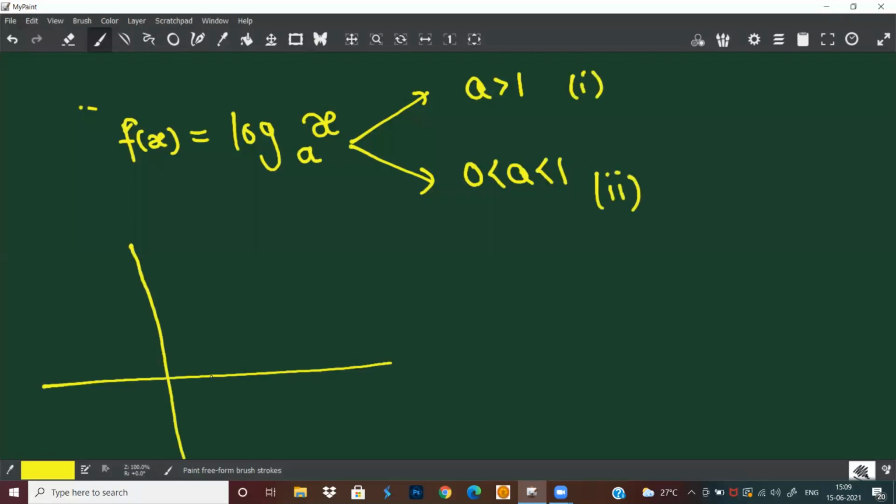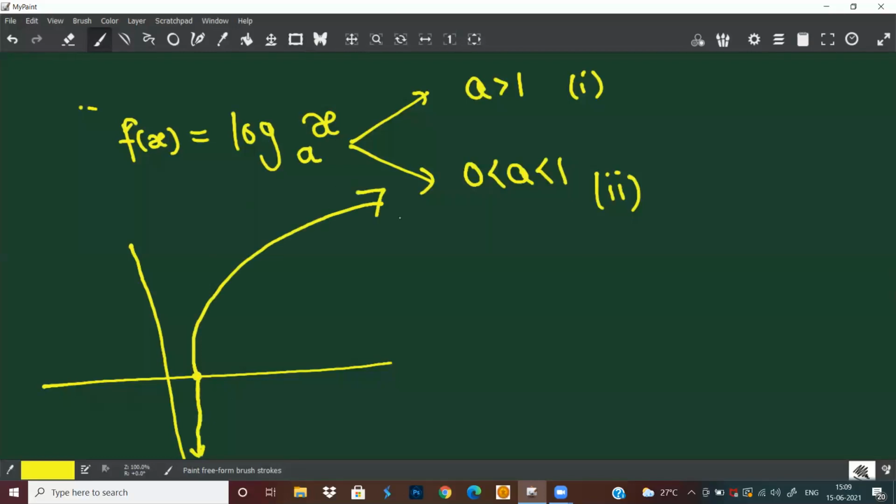You know, log of 1 is 0. Correct? Log of 1 would be 0. So what we can do is, this is (1, 0). It goes like this, and then it rises like this.